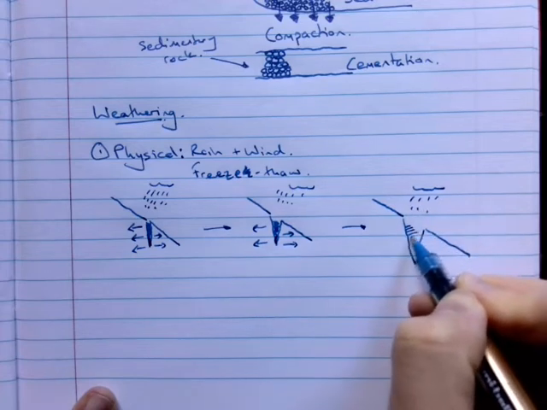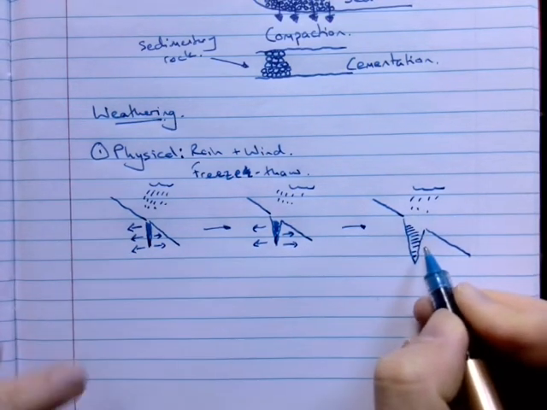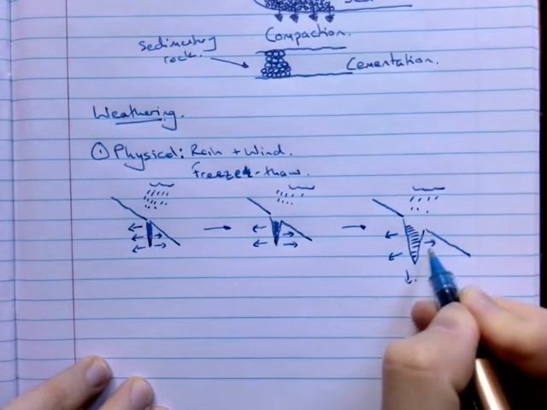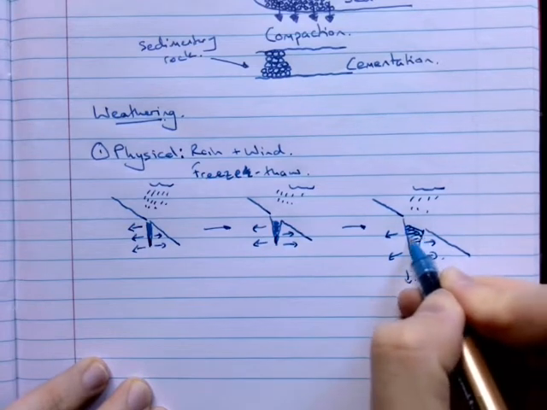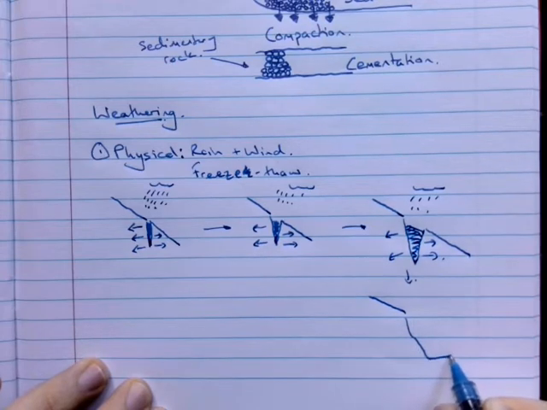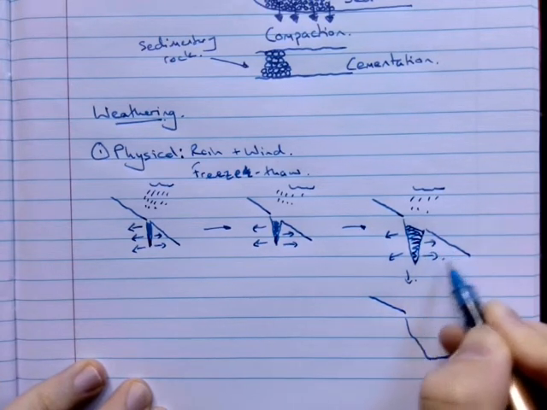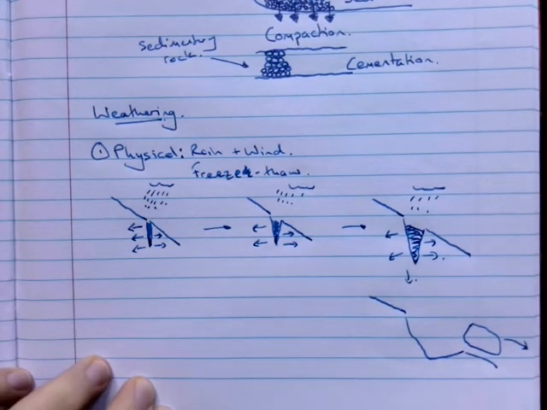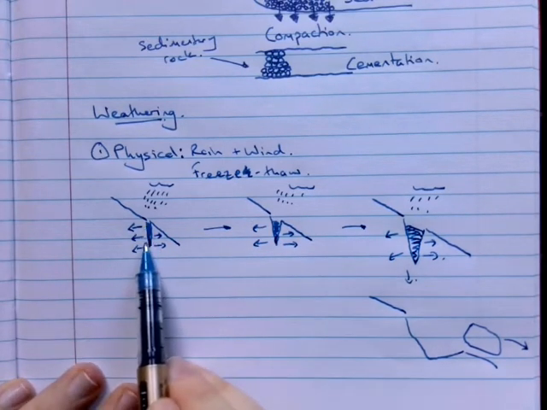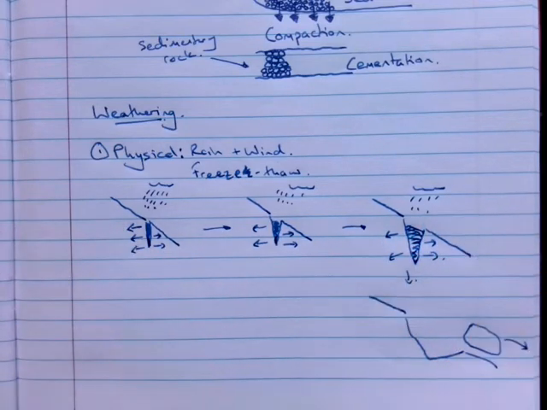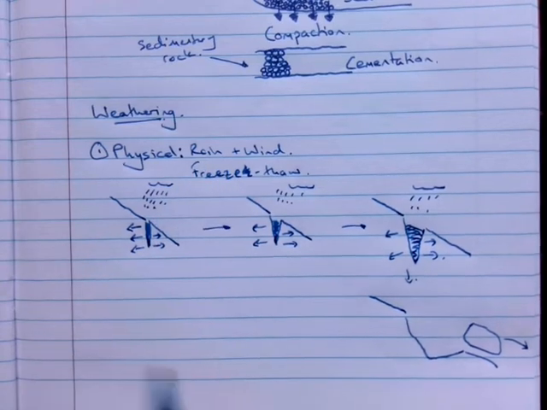All right, and it fills with water, and it expands again, but this time when it expands it just breaks off that big chunk. All right, so this chunk here will just break off, and then that will be transported down the side of the mountain. Okay, so that's freeze-thaw, this continual process of freezing, melting, freezing, melting, opens up cracks, makes them get bigger. Okay, so those are your different types of physical weathering.